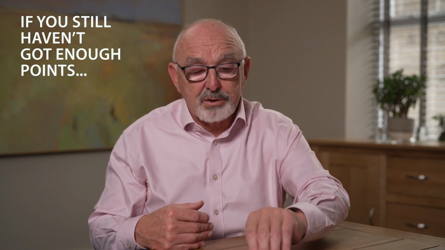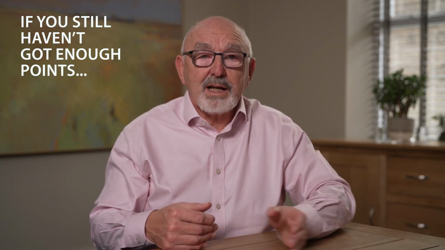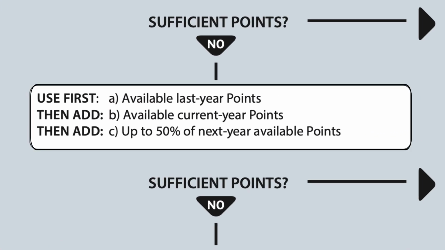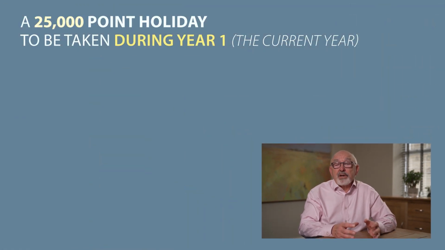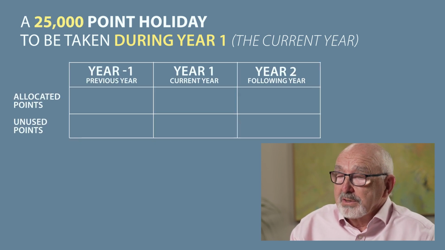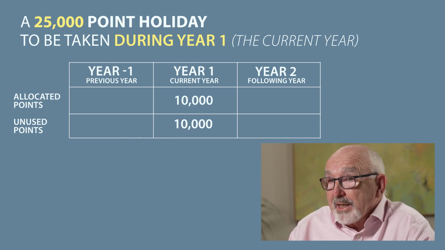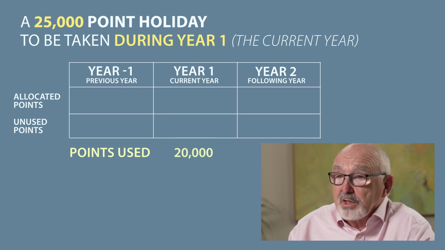If we still haven't got enough points doing it that way, then we can look to our points from the year following the holiday. So if we now go to a 25,000 point holiday, for example, and we've got 10,000 points from last year and 10,000 points from this year, that gives us 20 of our 25. We still haven't got enough.